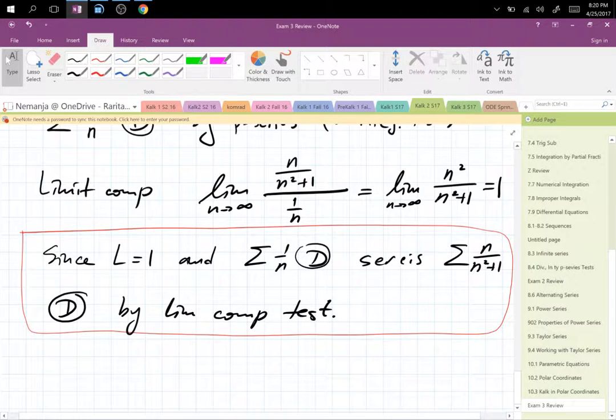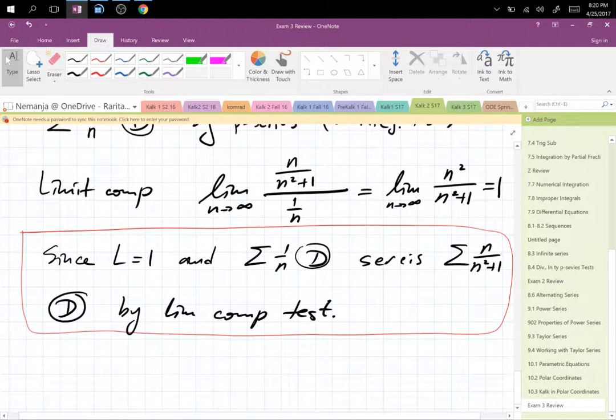So again, you ignored that plus 1, which makes it n over n squared, which cancels down to 1 over n. We know that the summation of 1 over n diverges by the harmonic series or by the p-series or by the integral test. Pick your poison. So that one diverges.